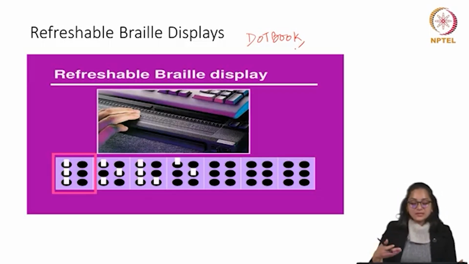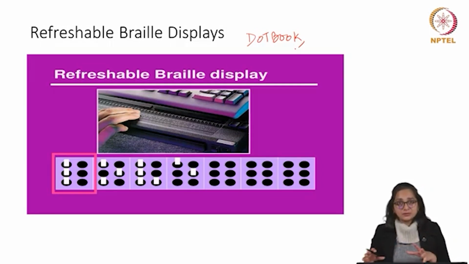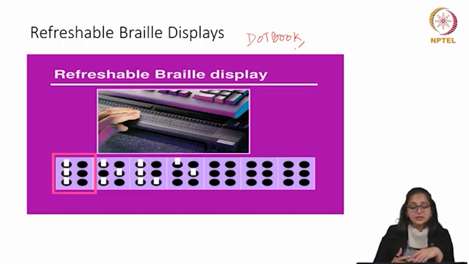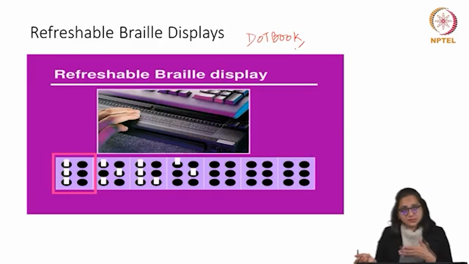What it does is basically, it's a digital device which raises the braille pins line by line. In a hard copy print version, the pins or the dots are raised permanently. Here the dots keep going up and down, and they can change as per the different words.